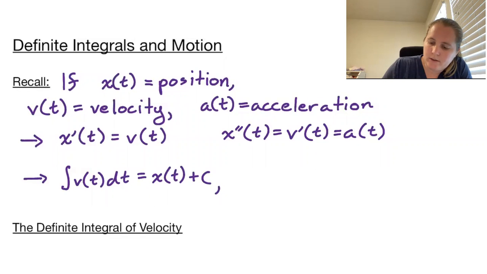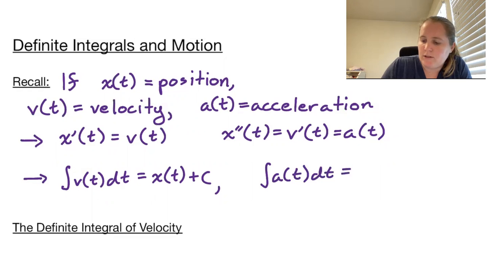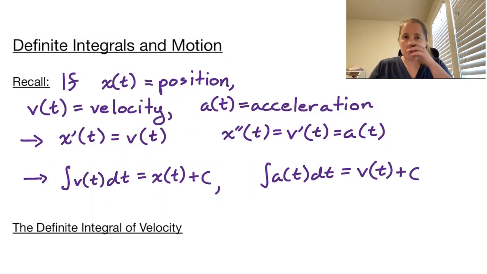And we also have, if we take the integral of the acceleration function, dt, we should get back out velocity and then plus c, right? So velocity is an antiderivative of acceleration, and position is an antiderivative of velocity.